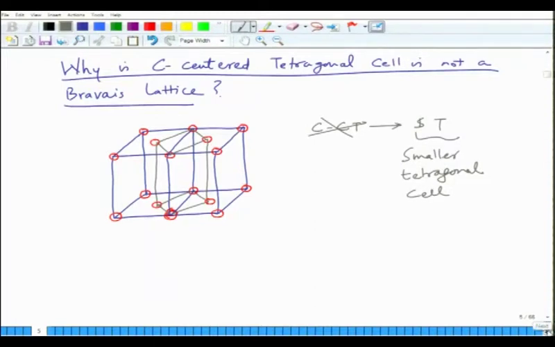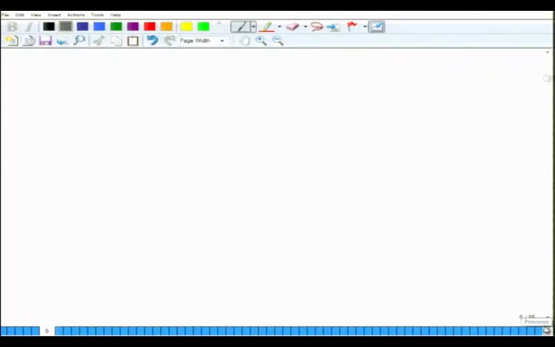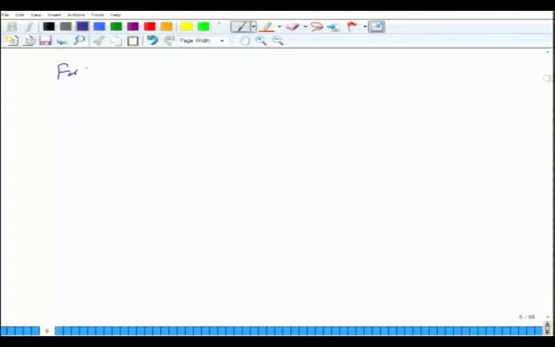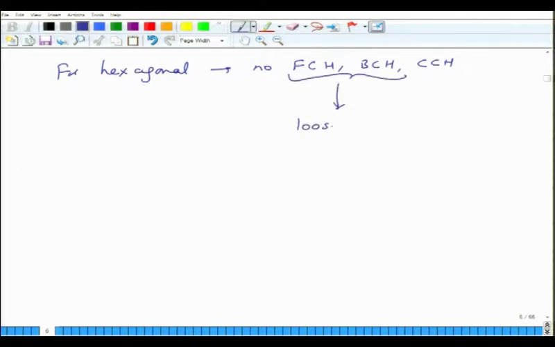You can do the same exercise. For example, for the hexagonal system, you can see there is no FCH, BCH or CCH. The reason for that is the moment you put body centered and face centered, you lose the 6-fold rotation symmetry.